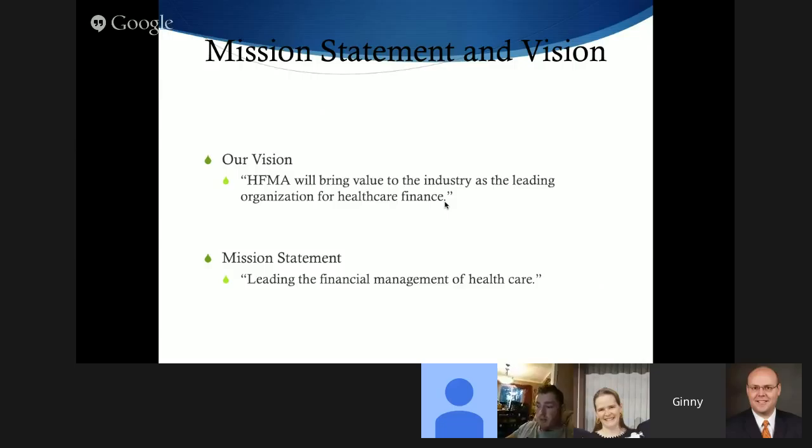And the mission statement for them is leading the financial management of healthcare. And one thing to note that I found interesting in each of these is how they had this goal and vision for each of them. So just take note of their vision and goal and the importance of that.